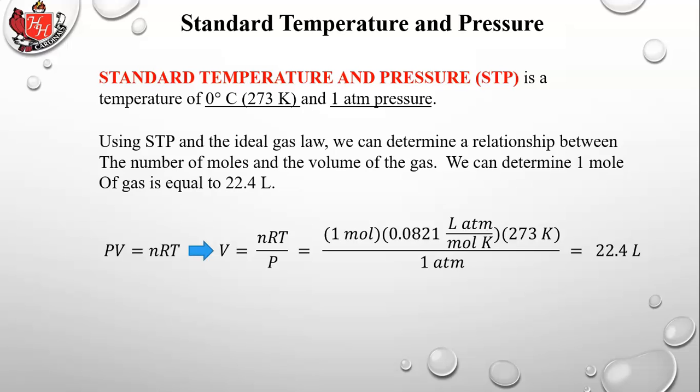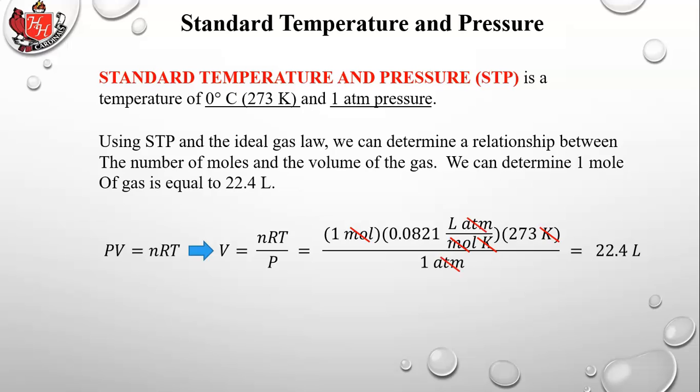Now we get to practice our unit cancellation skills. First we cancel Kelvin with Kelvin. You have Kelvin in the numerator top, that's the 273, and Kelvin in the denominator, that's in the liter atmospheres over mole Kelvin. So Kelvin over Kelvin cancels. Now we have moles over moles, that's the mole in 1 mole over the moles in liter atmospheres per mole Kelvin, so those cancel.